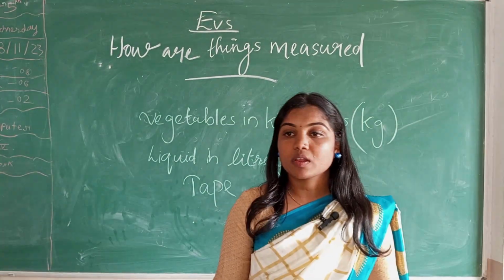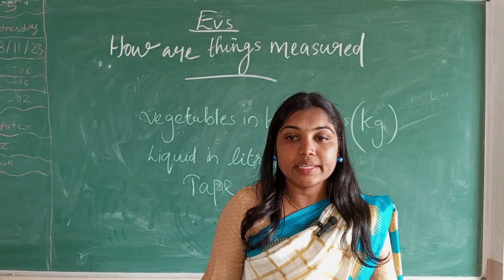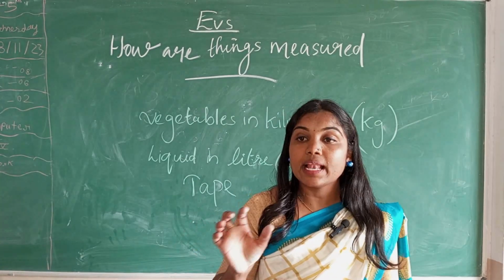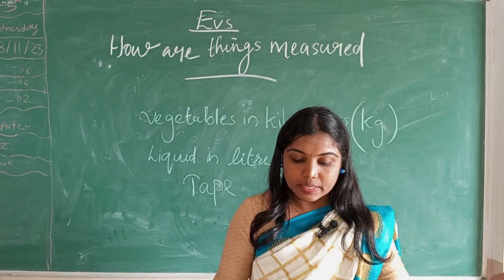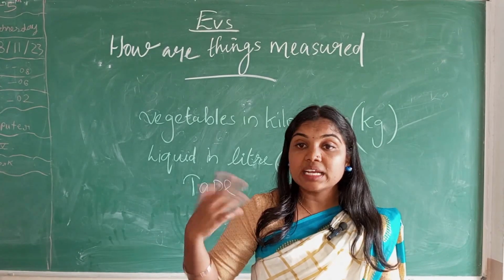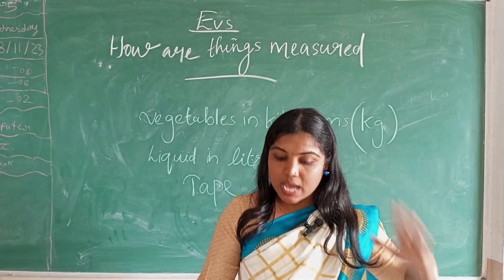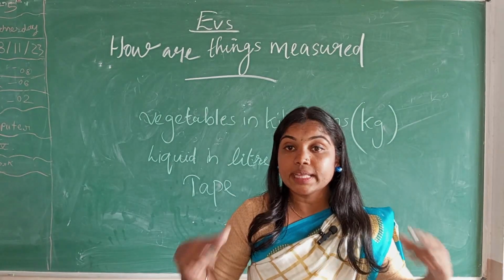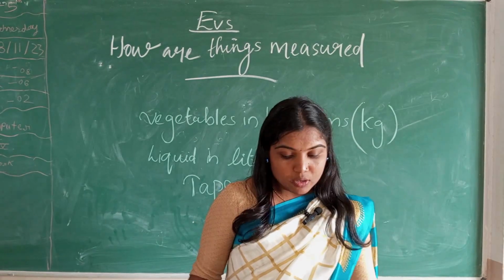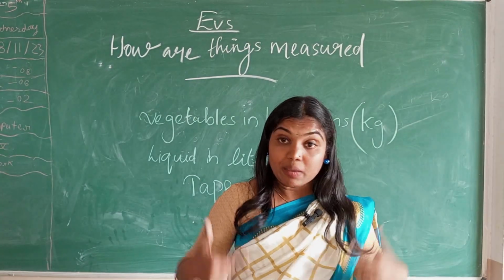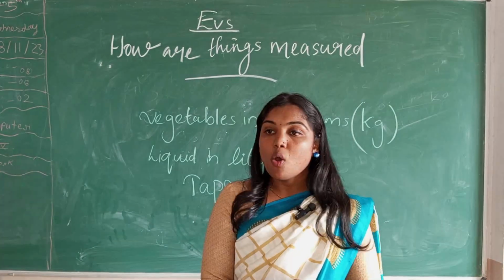Then length tells us how long a thing is. In early times, do you know, in Purana times, people used their body parts as units to measure the length of an object.